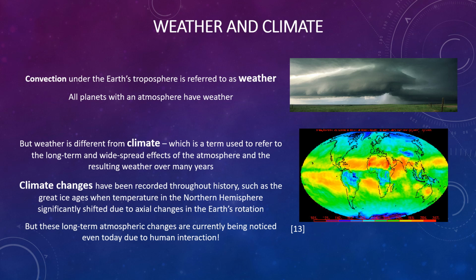But there have also been long-term atmospheric changes caused by human activity on the planet, specifically our industrial activity and our emission of greenhouse gases like CO2, and this has greatly affected our climate. This is something that we can see today and will have an impact on us far into the future.